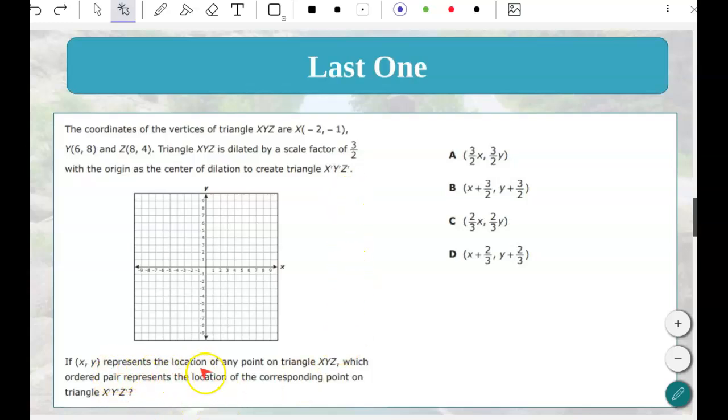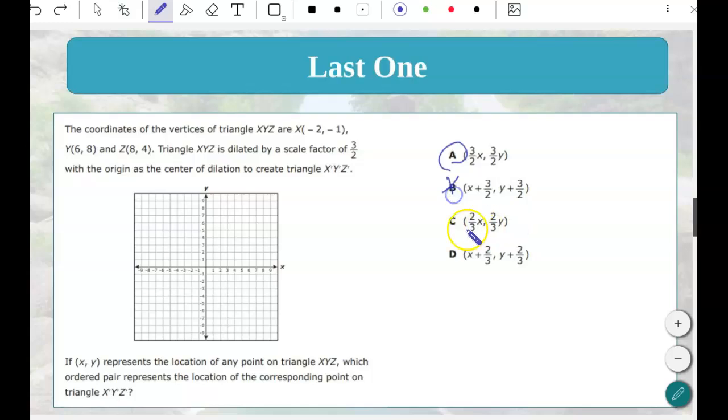If XY represents the location of any point on the original one, which ordered pair represents the location of the corresponding point of the new one? Here's our scale factor. It just has to be multiplied by the X and the Y. So it would be A.